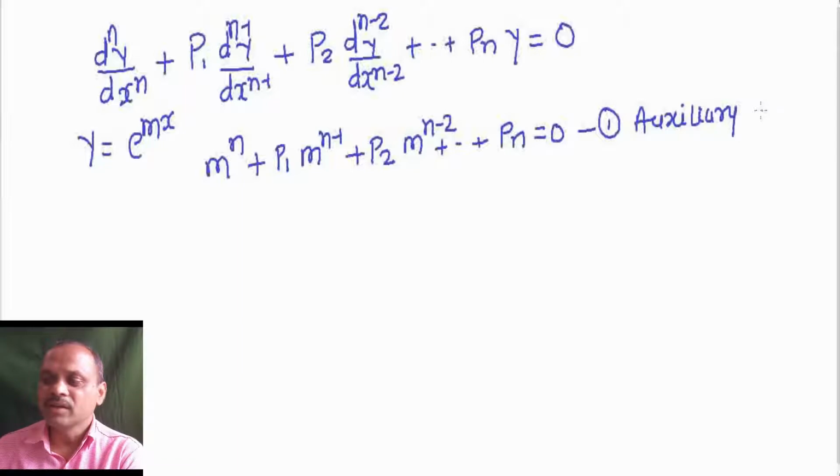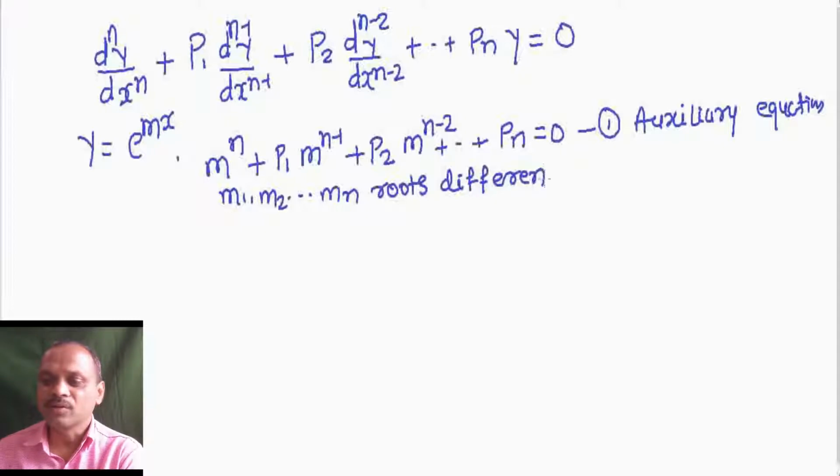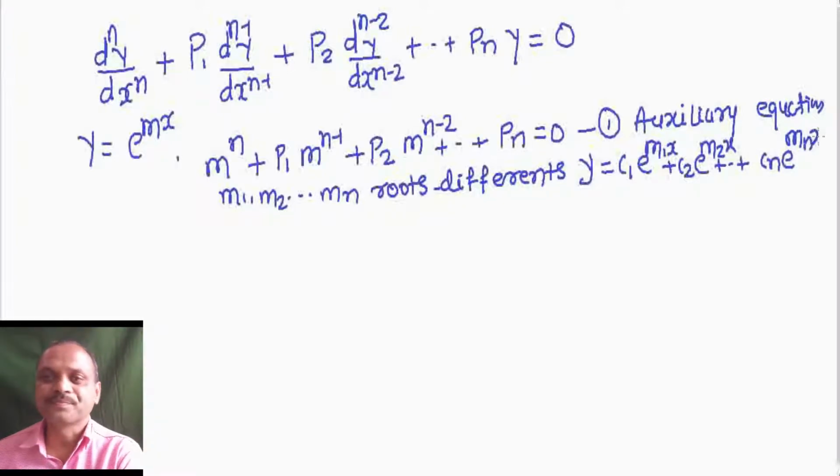When this auxiliary equation has m1, m2, ..., mn as different roots, then the solution is y = c1 e^(m1x) + c2 e^(m2x) + ... + cn e^(mnx).